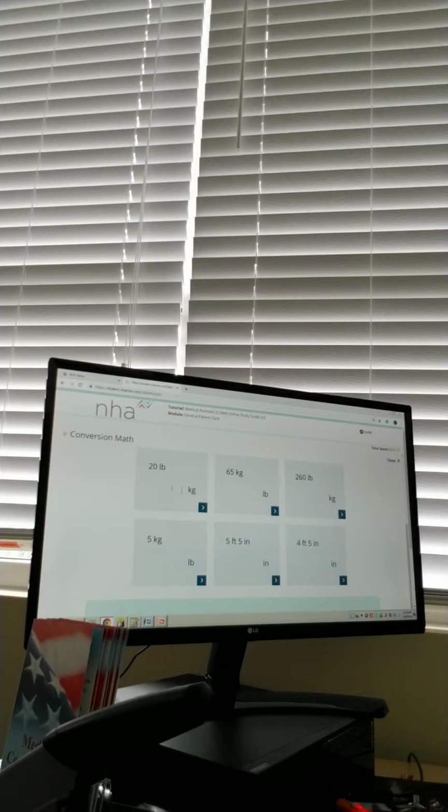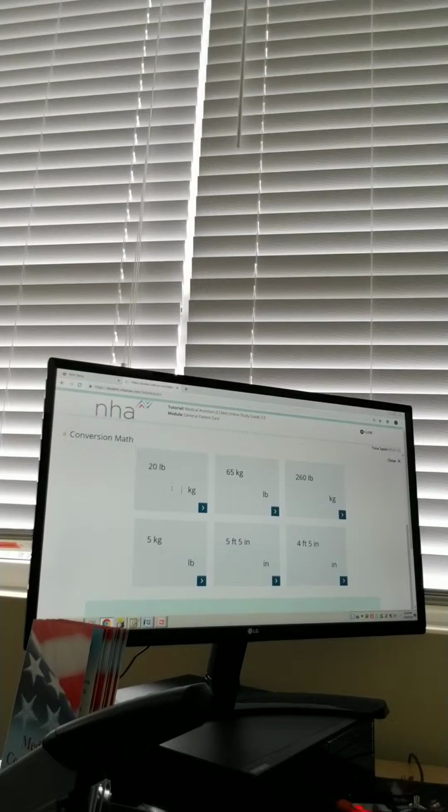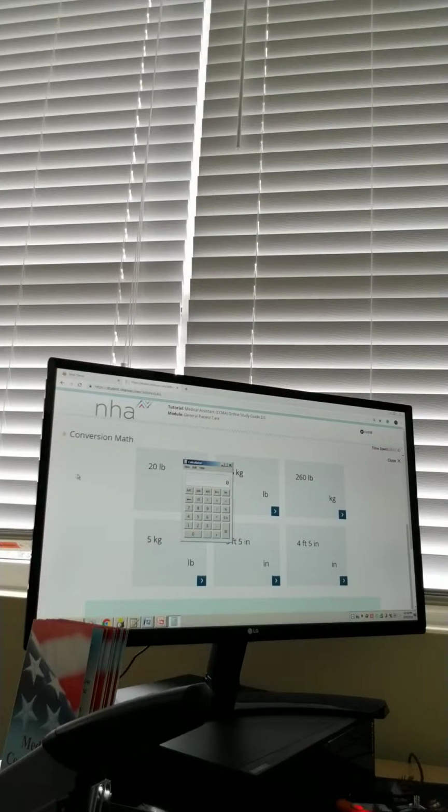44. No, you change pound to kilograms. So what do you do? I change pounds to kilogram. So how do you convert it? 44. Did you multiply it? Oh no, I just changed it to pounds. I'm sorry. I should divide.